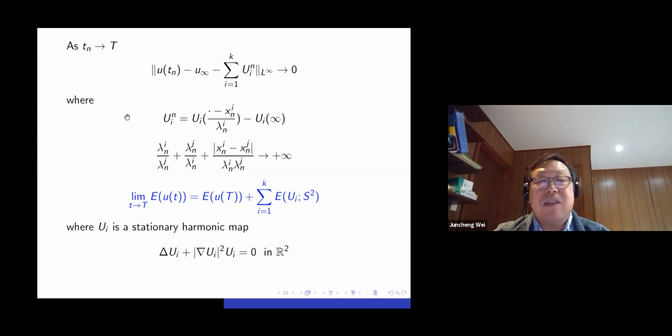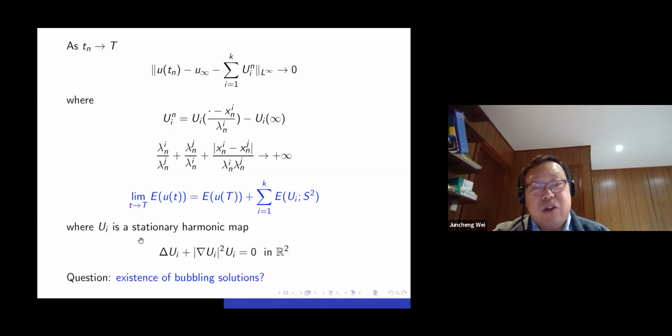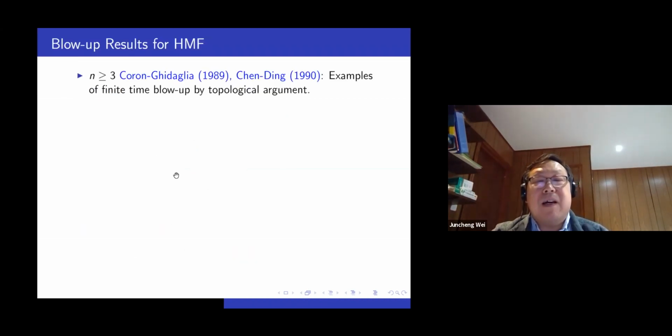This is a general description of a possible blow-up for the harmonic map flow. So the question is, do we have the existence of bubbling solutions? This has been an intensive study in the 90s for n greater than 3, and you can use a topological argument to show the existence of finite time blow-up.